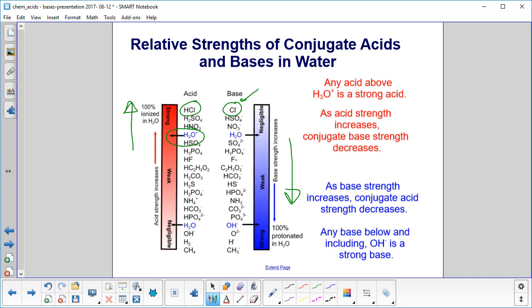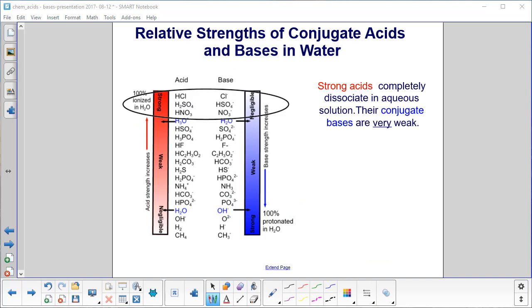Any base below and including the hydroxide ion is a strong base. And down here, you are 100% protonated, how about that word, in water. Strong acids completely dissociate in aqueous solution. It's these guys up here. Their conjugate bases are very weak.